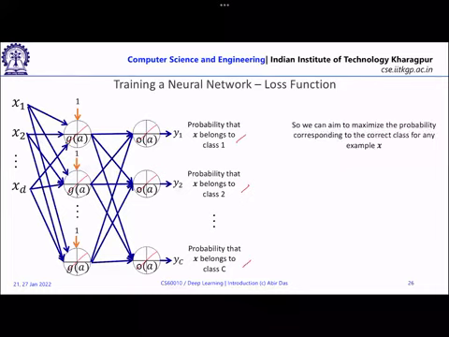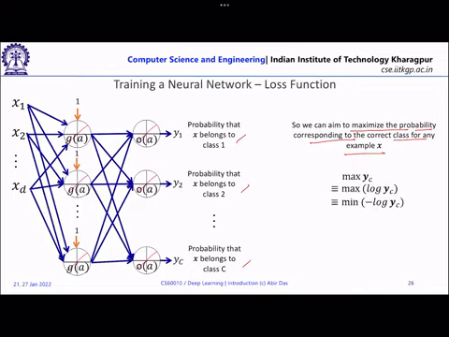So we can aim to maximize the probability corresponding to the correct class for any example X. That will be our objective. If our network can do that, then we are done. For whatever set of W's can do that, we will take it as our learned weights. So our objective is to maximize Y_c.